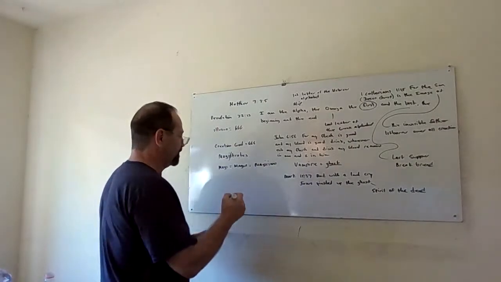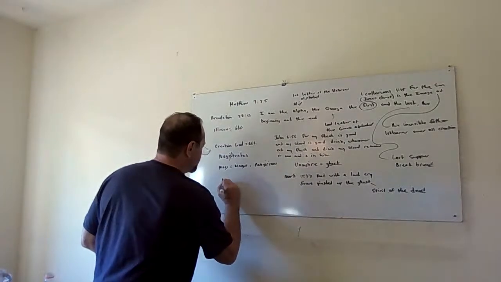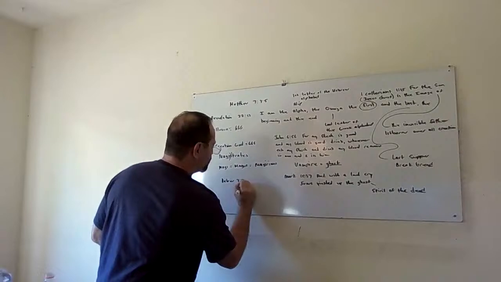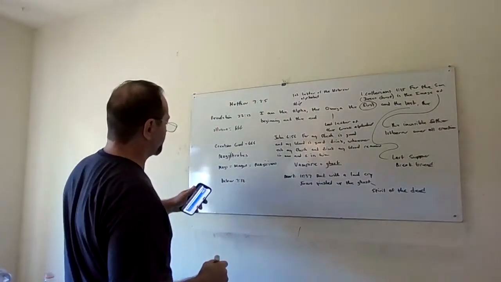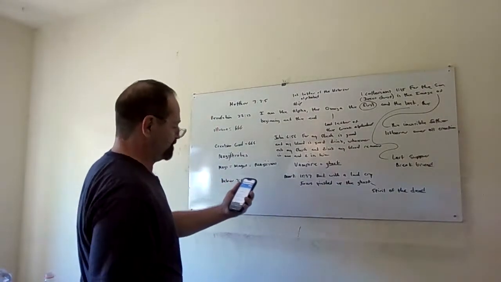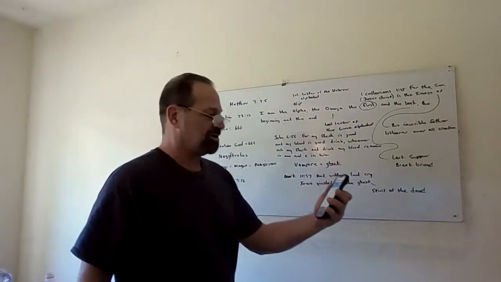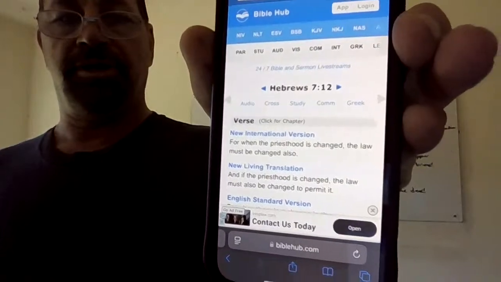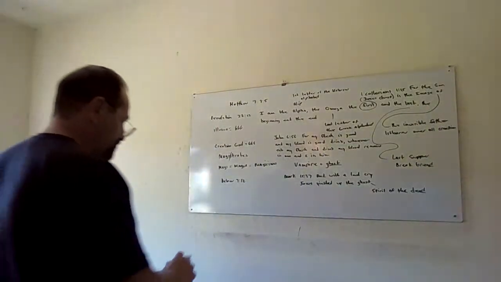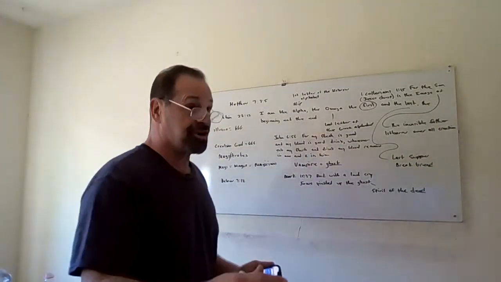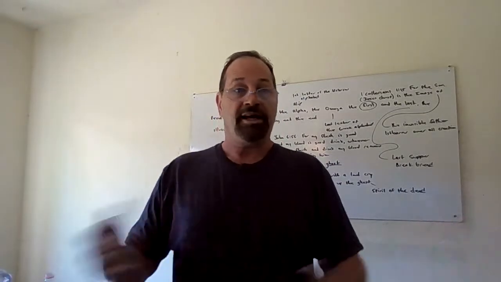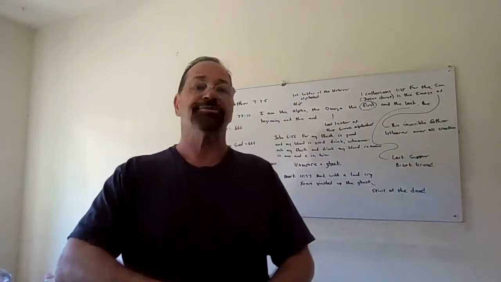Hebrews 7:12 tells us when the priesthood is changed, the law must be changed as well. So the law was changed. What was it changed to? It was changed to a New Testament, get rid of the Old Testament, and now you're supposed to go by the New Testament.